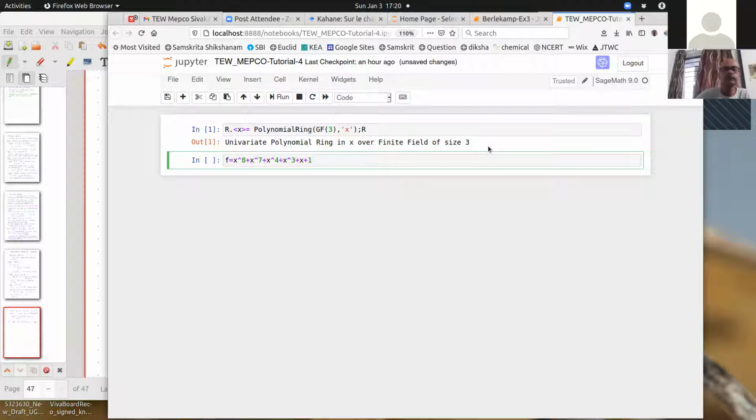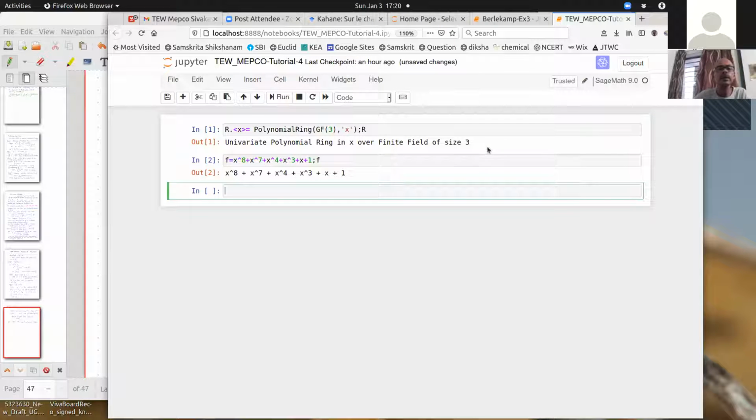Yes. So let's see if we entered it correctly. Yes, so that's the polynomial. So let's work it out.